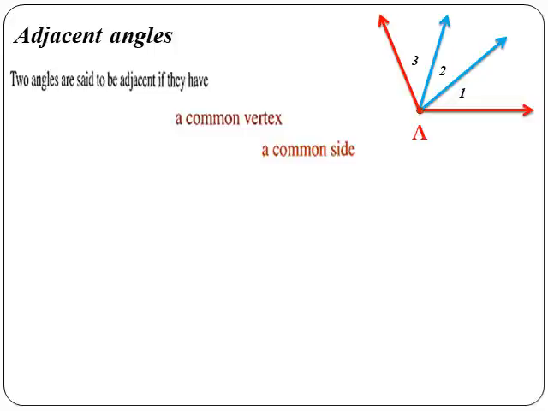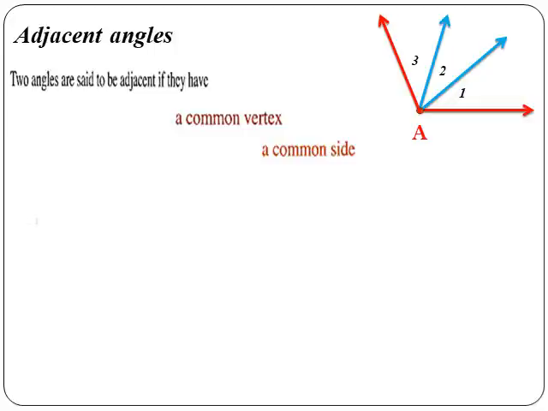So to say that 2 angles are adjacent angles, they must have the common vertex and they have the common side between them.